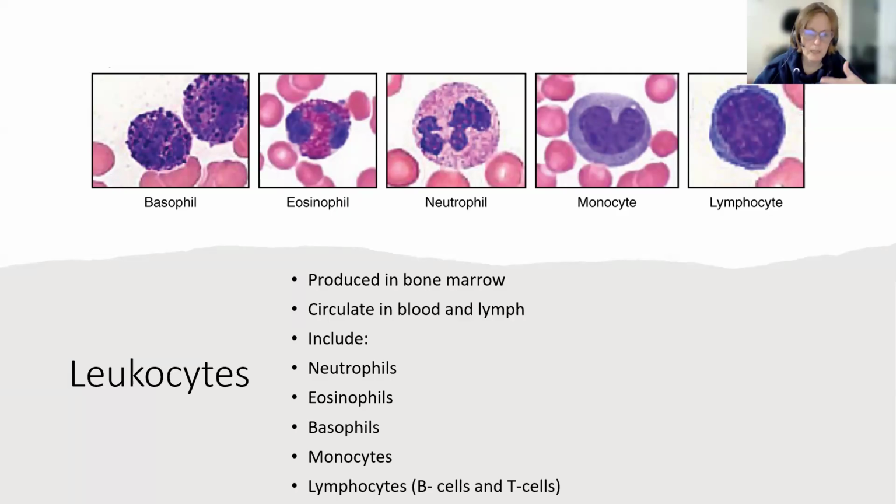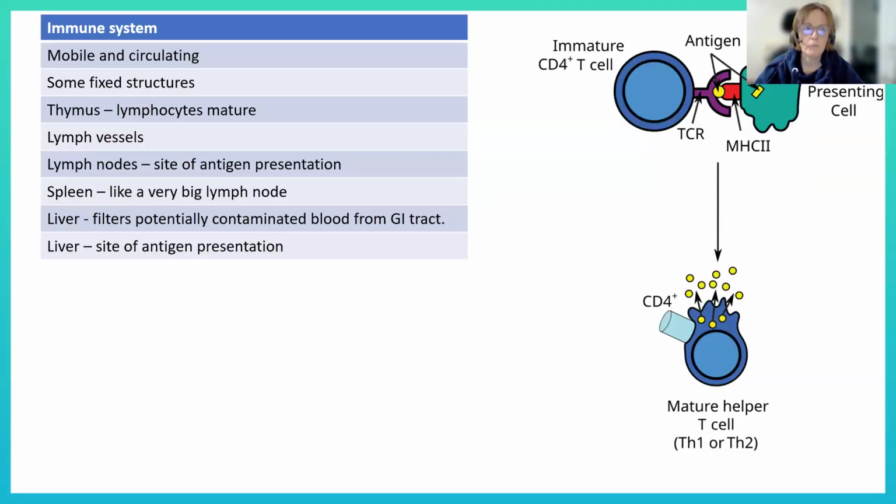There's monocytes, lymphocytes we're going to talk about. Basophils, so many different types, but they've all got pretty much similar jobs. They're all involved in helping us if we get something into our system. So this part of the immune system is mobile and circulating. So it can move and it circulates around our circulatory system.